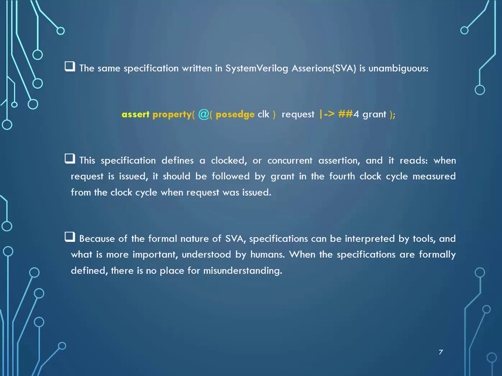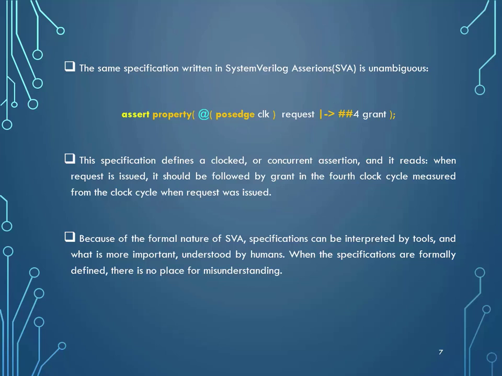This specification defines a clocked or concurrent assertion, and it reads: when the request is issued, it should be followed by a grant in the 4th clock cycle, measured from the clock when the request was issued. So we have 2 parts in most properties. Something that we expect to be the beginning of our sequence, which is the antecedent.